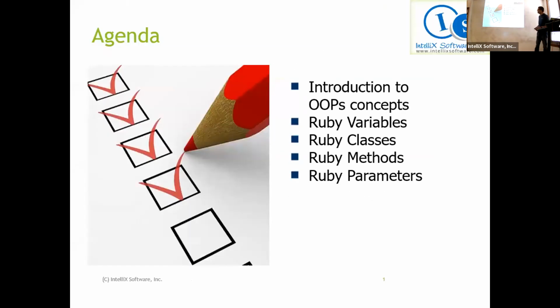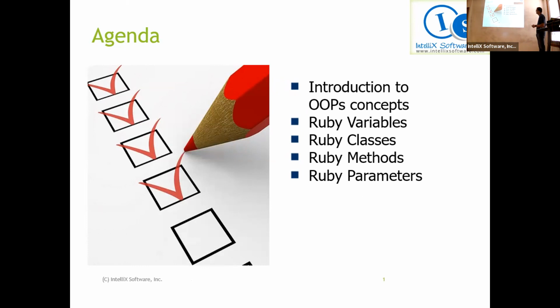Okay, so today we will talk about object-oriented programming concepts. And it's not specific to Ruby. I mean, this is available in any programming language, whether you work on Java or C# or whatever.